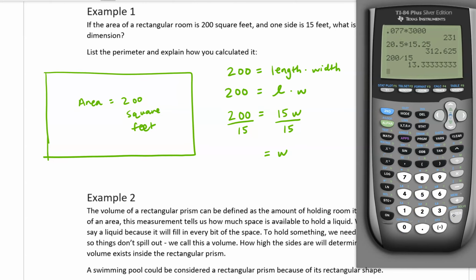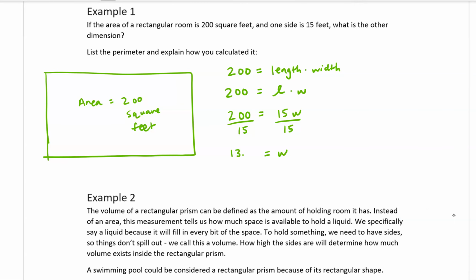I'm just going to round that to 2 decimal places, 13.33. So when it asks what is the other dimension, we can say that the width is 13.33 feet.